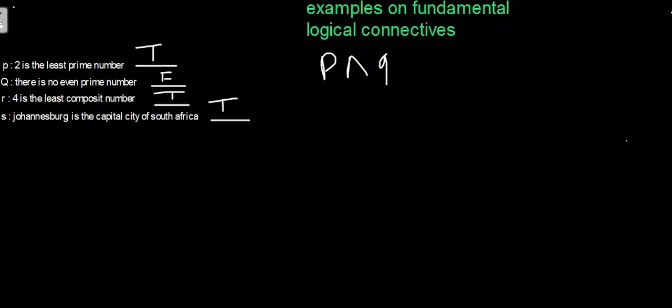So for P we've got true, and for Q we've got false. My answer would be false, because as I told you, if the connective is 'and' and there's a false and a true, the result is false because we've got a false value. So that's the reason the answer will be false. Okay, so this is the first example.